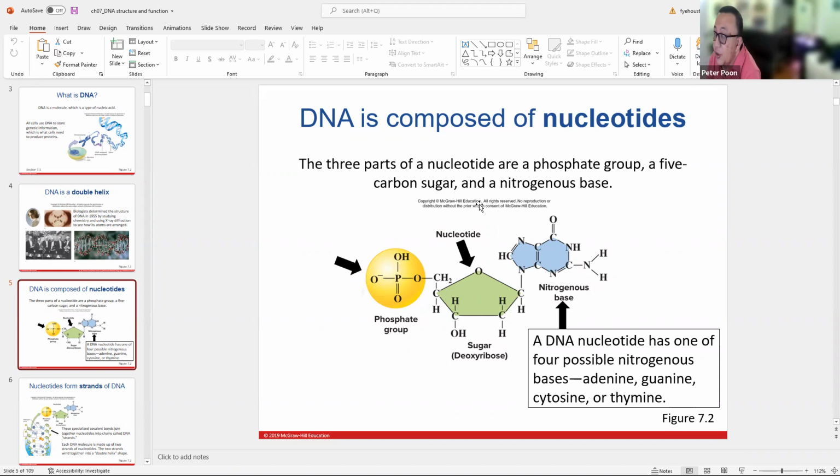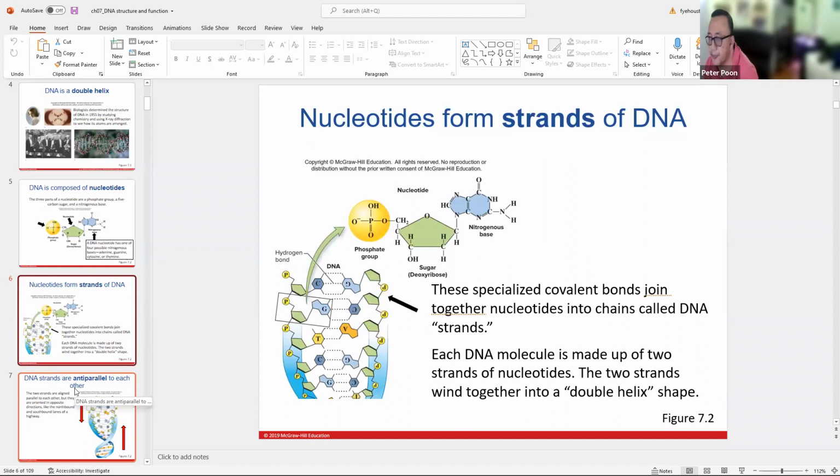And then it has a nitrogenous base. It has four possible nitrogenous bases: A's, G's, C's, and T's. These nucleotides form strands of DNA.